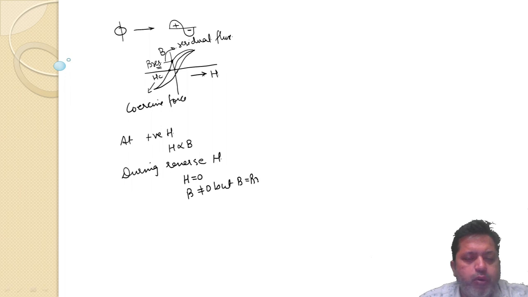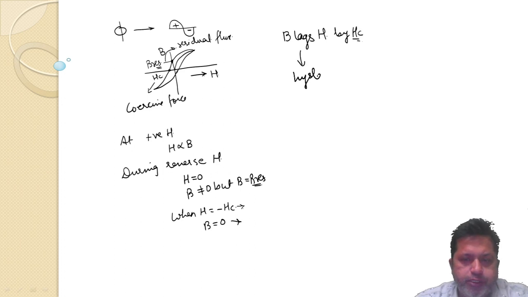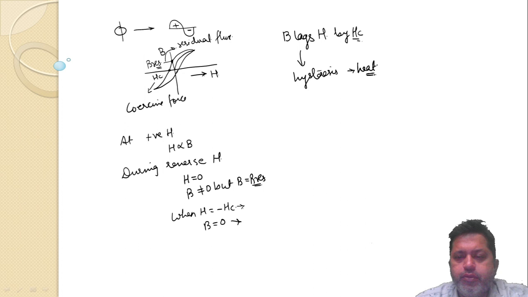When H equals minus H, that means in the negative direction, when B is 0, H equals minus. So B lags H. B lags H, this is called hysteresis, and this produces a type of loss in the transformer.